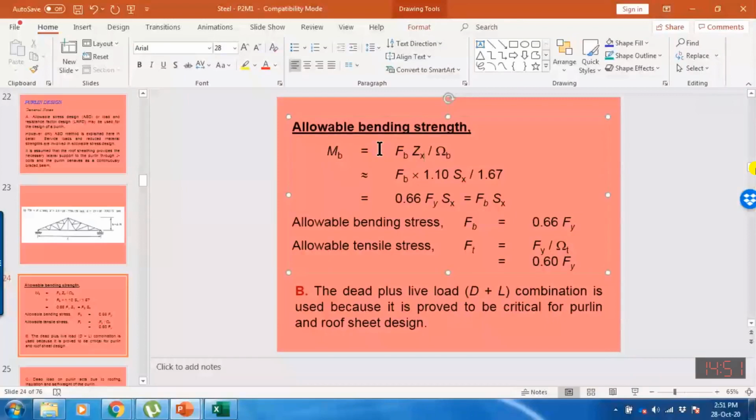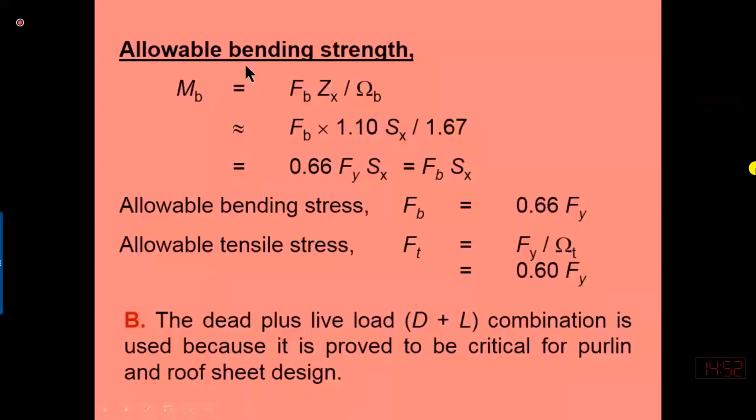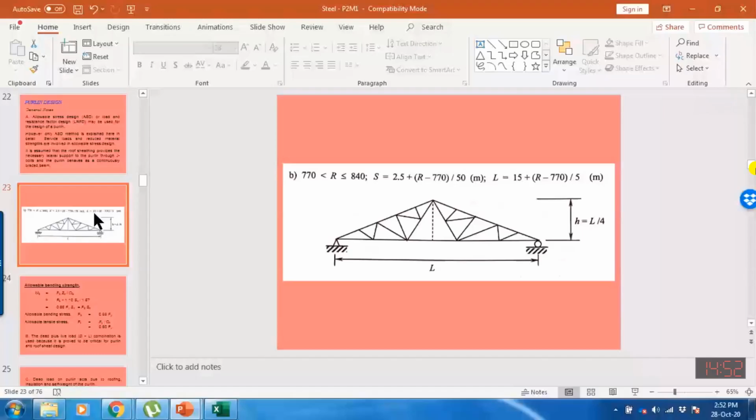Maybe you will understand from here. So the applied bending moment should be less than or equal to the moment carrying capacity. So here you already know that I have explained. Let me add one slide just to explain you again.